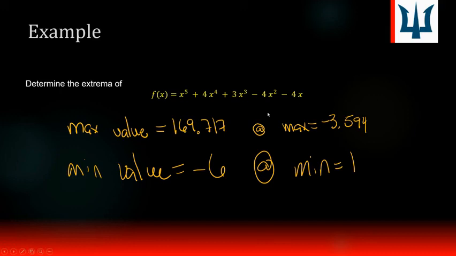So with these, if something is a max, if it's a peak or a valley, it's automatically local. It's global if and only if it's the highest peak or the lowest valley.